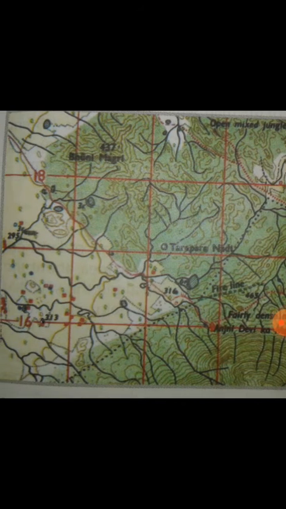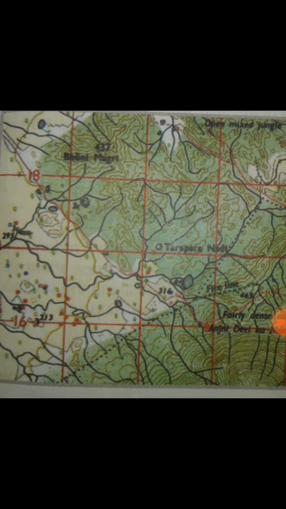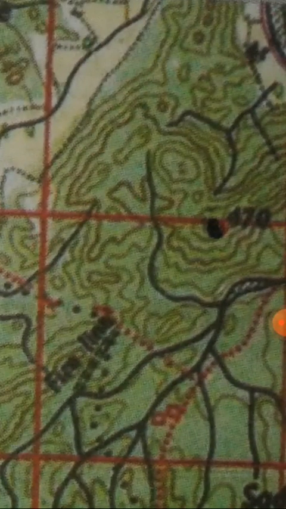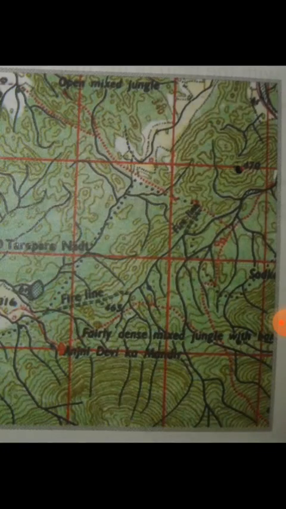Spot heights on a contour map are shown by a small black dot with a number indicating its height. For example, 386, 313 dot, 470, so these are spot heights.